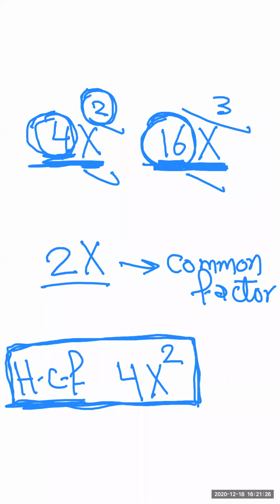Okay, then the steps to find the highest common factor. Again, I will explain it again. The steps of getting the highest common factor. First point, I have to find the highest common factor of the numerical coefficients.